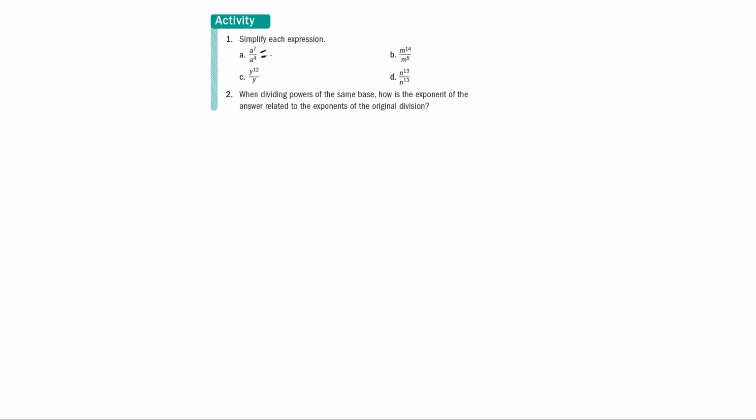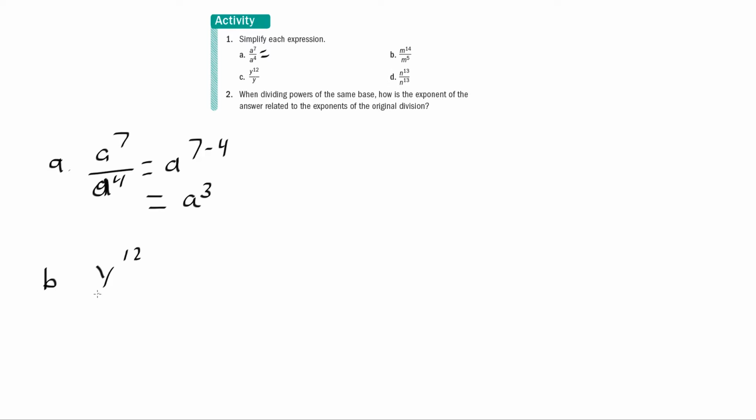Let's go down here with this. A: a to the 7th over a to the 4th is equal to a to the 7 minus 4, and that equals a to the 3rd. For b, we have y to the 12th over y.